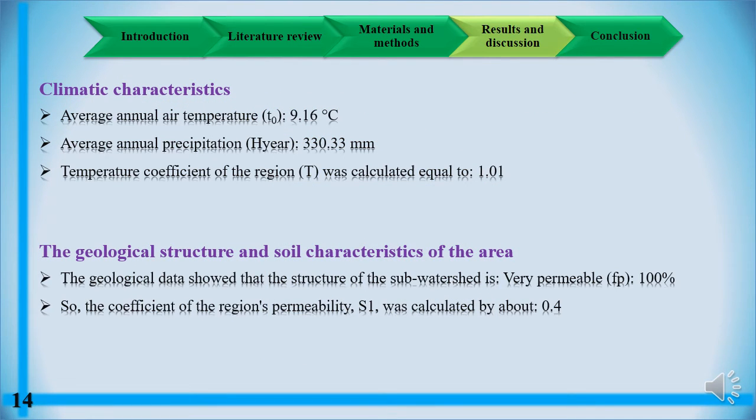The results show that the climatic characteristics, including average annual air temperature, is about 9.16 degrees centigrade, and average annual precipitation is about 330 millimeters. The temperature coefficient of the region was calculated equal to 1.01. Furthermore, the geological data showed that the structure of the sub-watershed is very permeable, so the coefficient of the region's permeability was calculated at about 0.4.